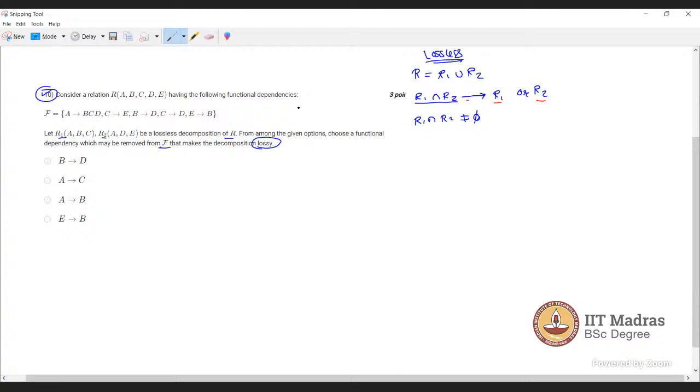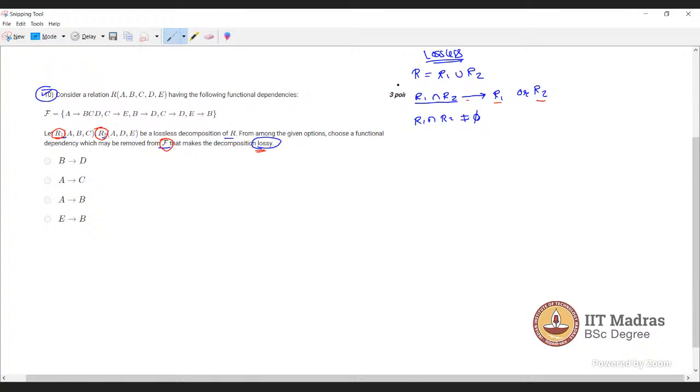How did you solve this question? We have to remove the functional dependency that makes the decomposition lossy. So first we need to check that the decomposition is lossless. Here R1 is ABC, R2 is ADE.